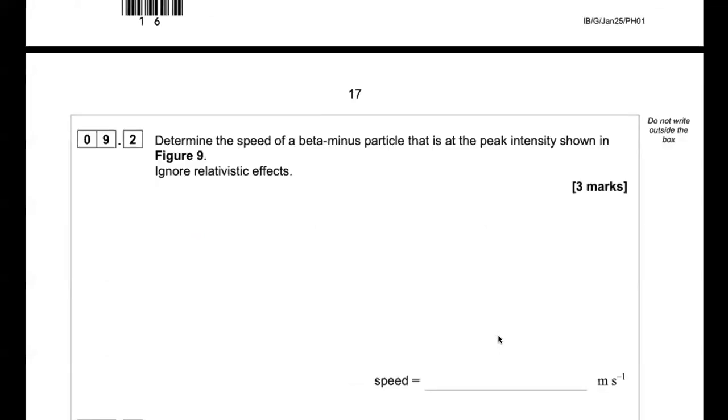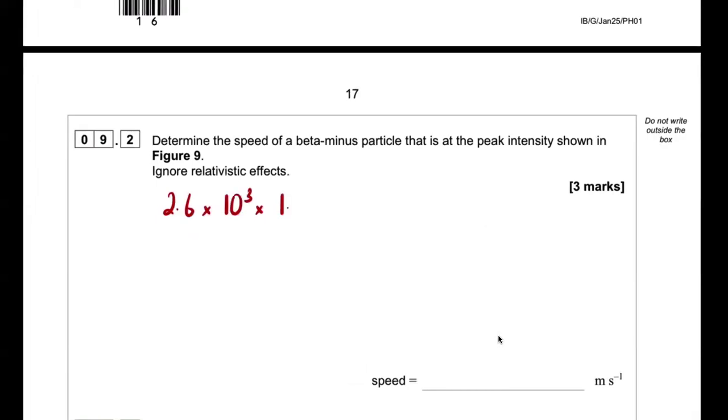So 2.6 kilo electron volt. Kilo means 10 to the 3, and the conversion of electron volt is simply multiplying by 1.6 into 10 to the negative 19. This is equal to half mv squared.